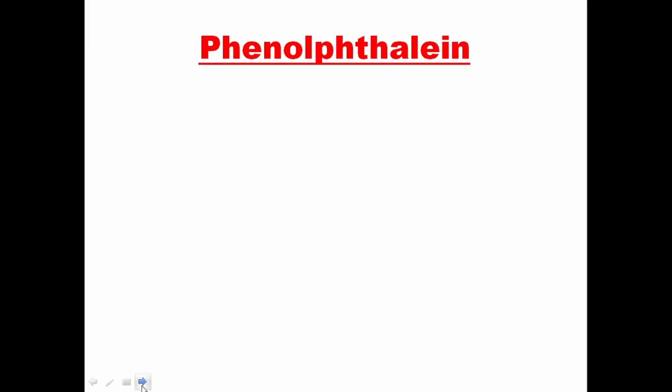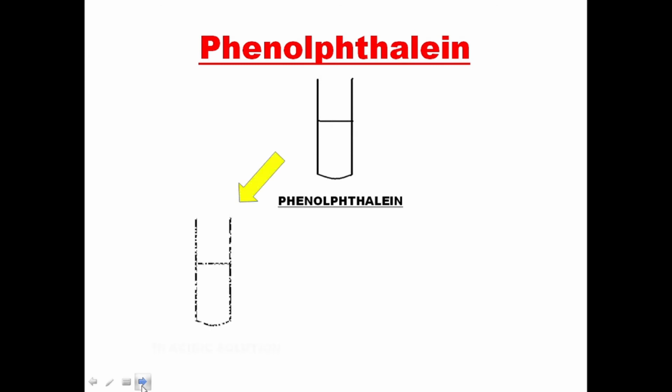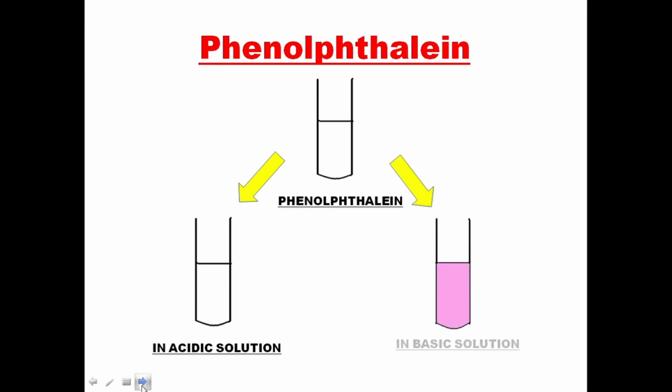So phenolphthalein solution is colorless when it is neutral and has a similar colorless solution when it is acidic. It acquires a pink color when it is placed in basic solution, giving distinguishing colors and proving to be one of the indicators.